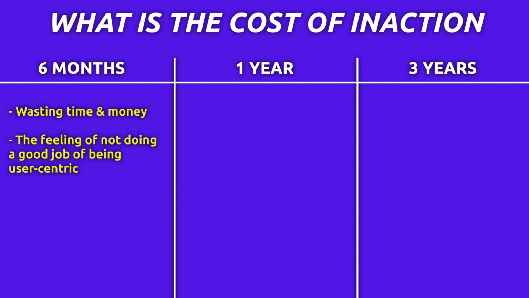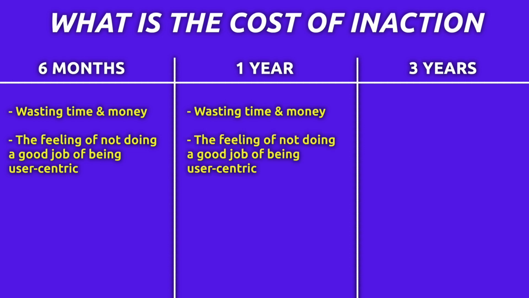I guess, yeah, I wrote something similar. So I wrote waste time and money, feel like I'm not doing a good job being user-centric, and I can't run big initiatives. So if I fail to do a design sprint in a year, then I'm not able to be part of this product team that I am, or in general, I can't run these initiatives that have to collaborate with several product teams, which is the reality of my product.